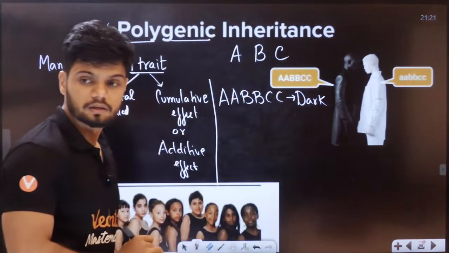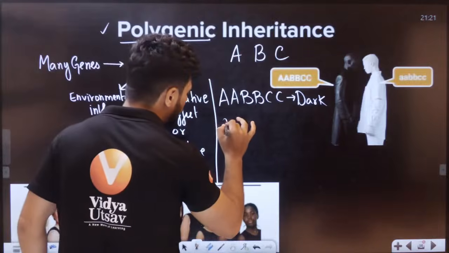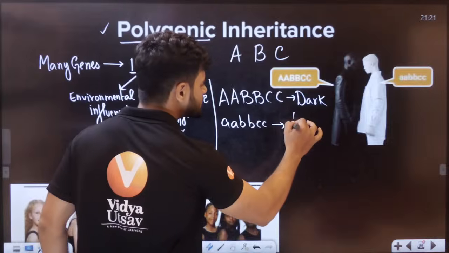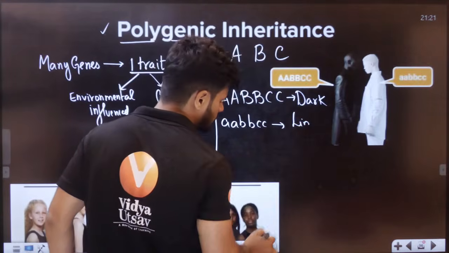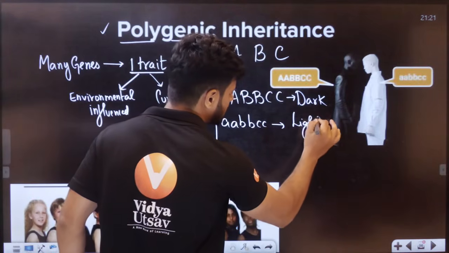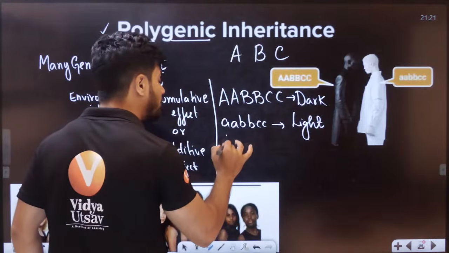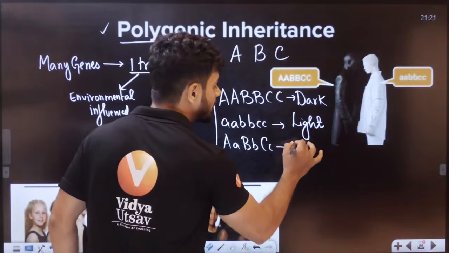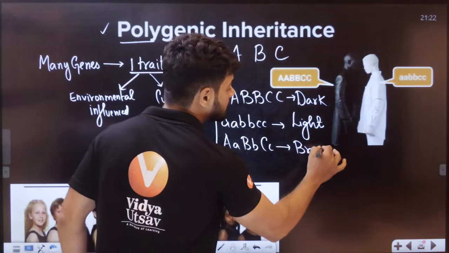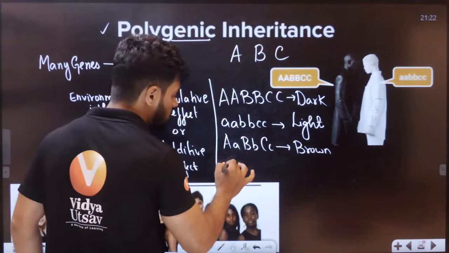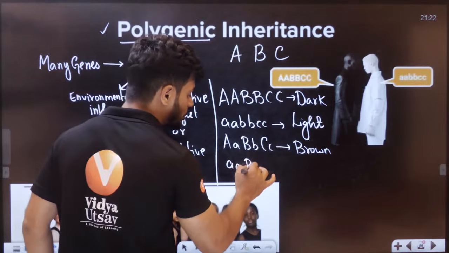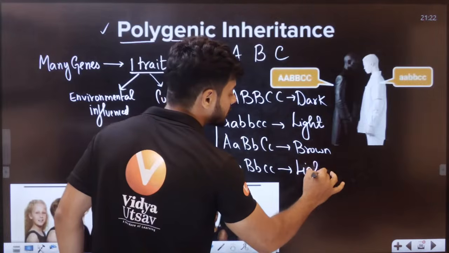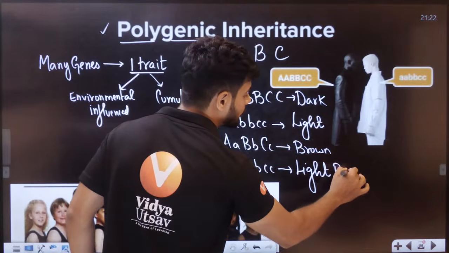Now let's say small a, small b, small c: no dominant alleles, so light skin color. Now what about capital A, capital B, small b, capital C, small c? In this we will have brown skin color. Now let's say small a, capital B, small b, small c. In this case, light brown is seen, students.